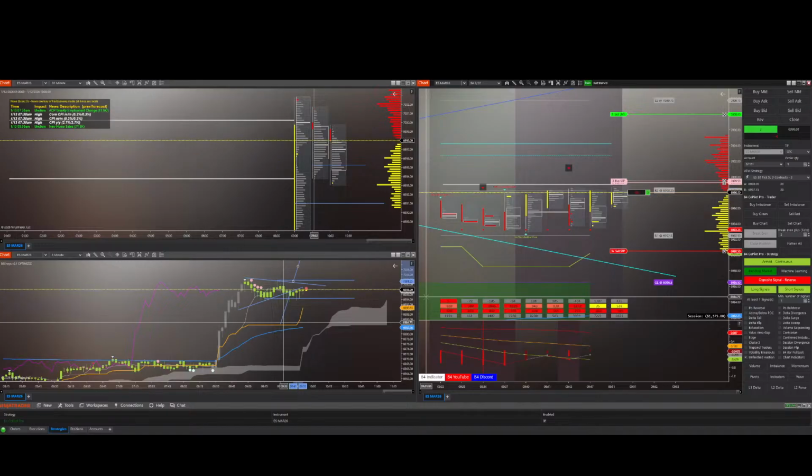All right, my kiss dots are firing, which means it's time for the pullback and touching the Kijunsen.